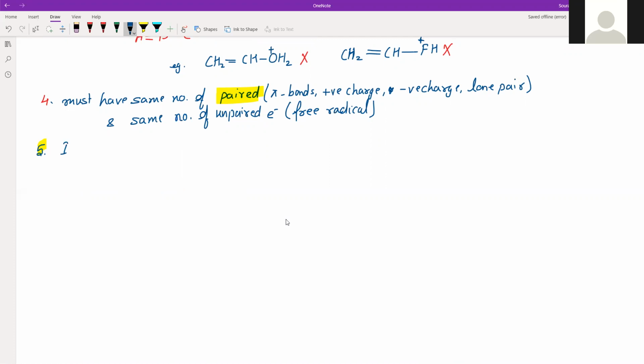So I'll just write, if multiple pi bonds are there at one site, then only one pi bond, which has two pi electrons, takes part in conjugation.